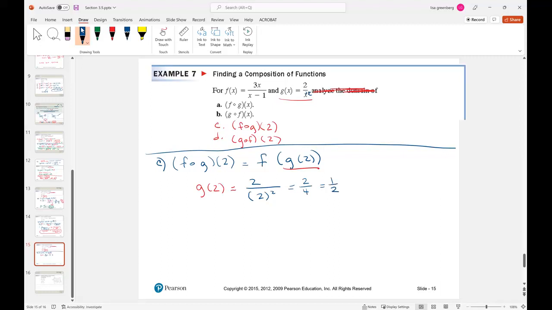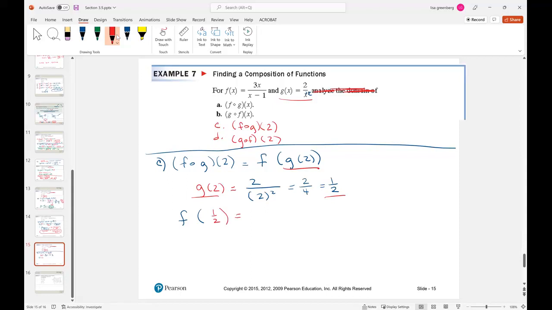Okay, and now that I know what G of 2 is, I can say f of, and now I'm going to replace this with 1/2 because that's what G of 2 is. I just found that out.